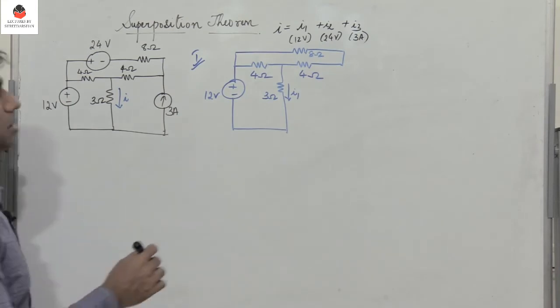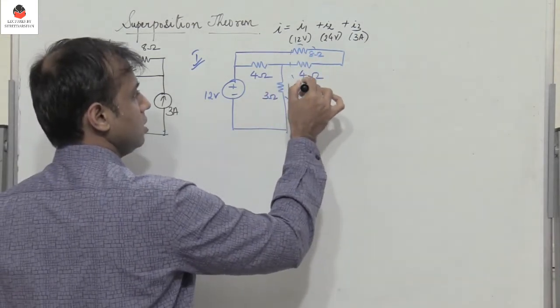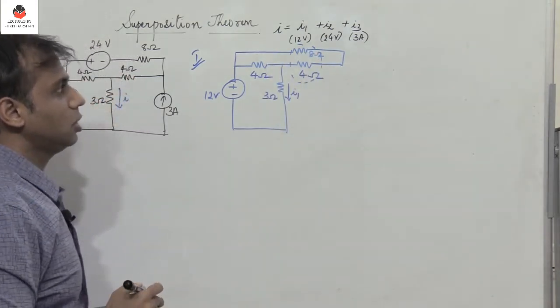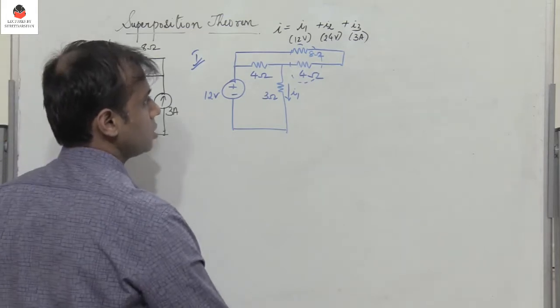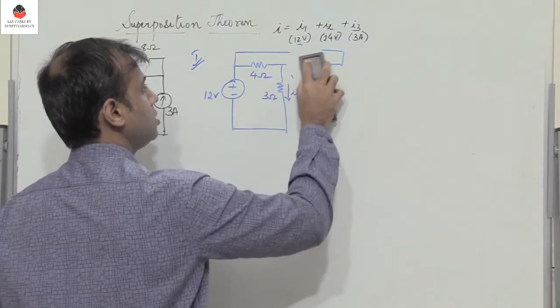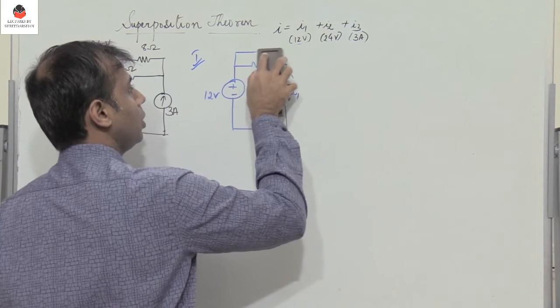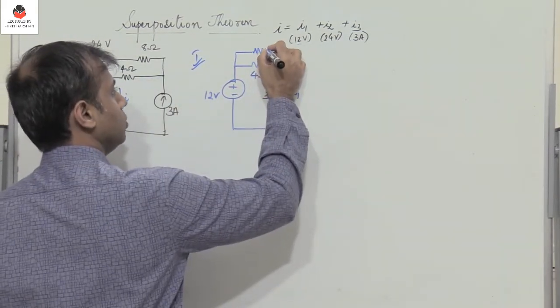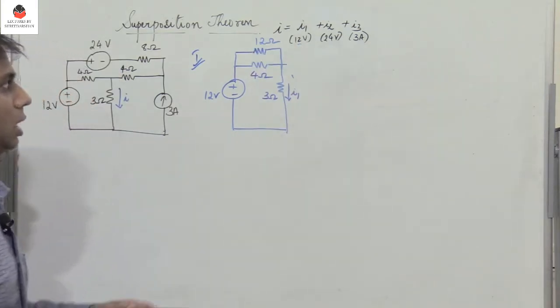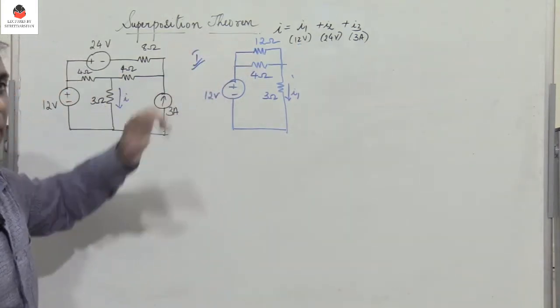Now observe that these two resistors are in series, right? So what is 4 plus 8? 4 plus 8 is going to be 12. So I replace these two resistors by an equivalent resistance, 4 plus 8, which is 12 ohms. Now observe, these two resistors are in parallel.